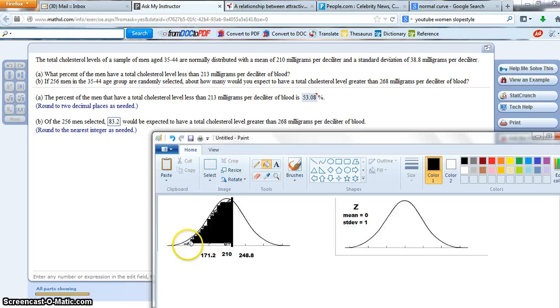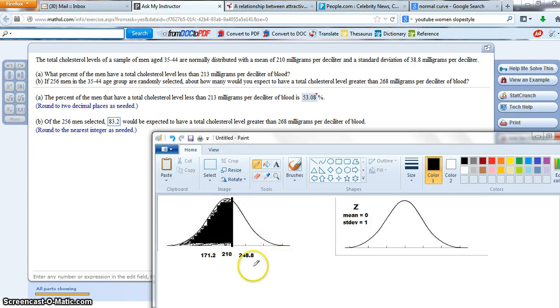This whole area all the way down here is the area that I'm interested in. This is corresponding to the percentage of men who are below 213, this whole area down below.